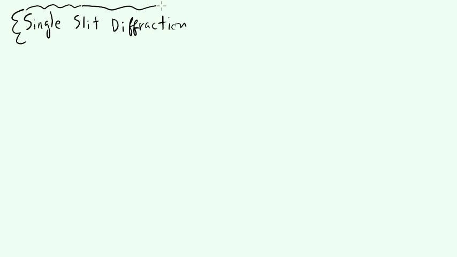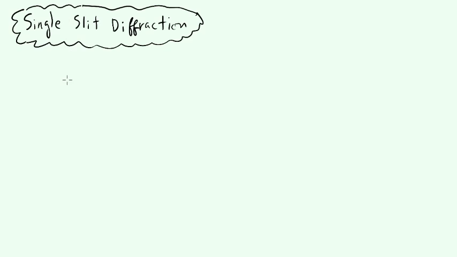Now finally time has come to discuss the single slit diffraction. So far we've been hiding this problem by saying that each slit is a small circle, a source of a spherical wave.